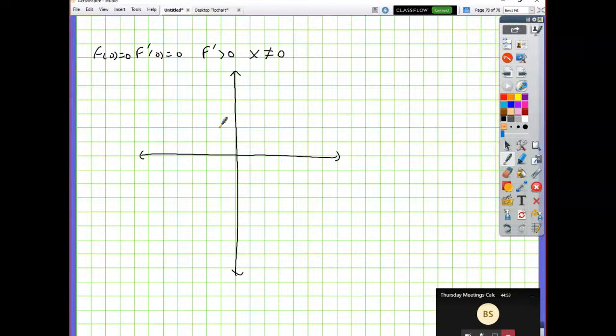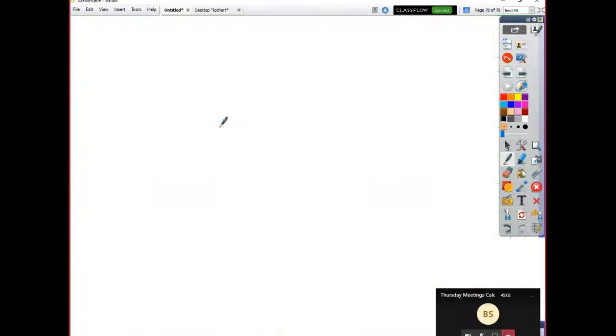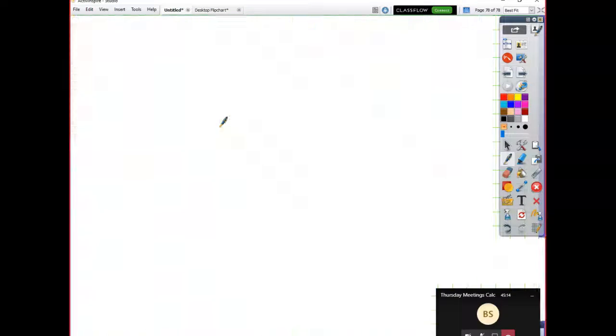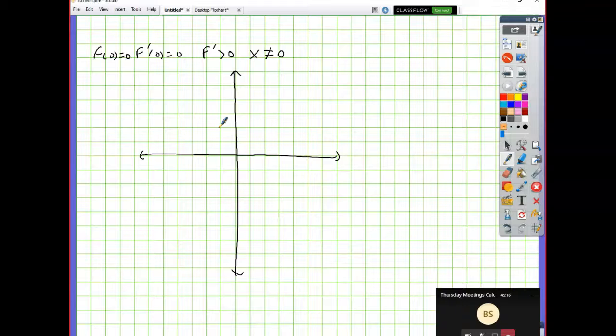What does that tell us? X is 0. When x is 0, what is y? This notation means when I plug 0 in, I get 0. Means the dot (0, 0), right? Yes. Good. All right.